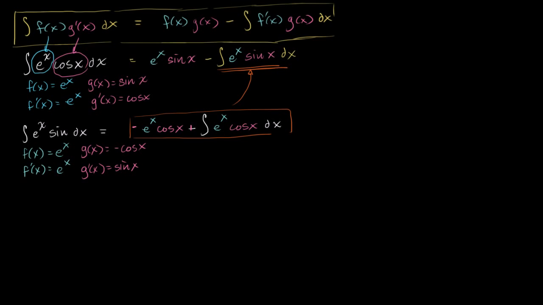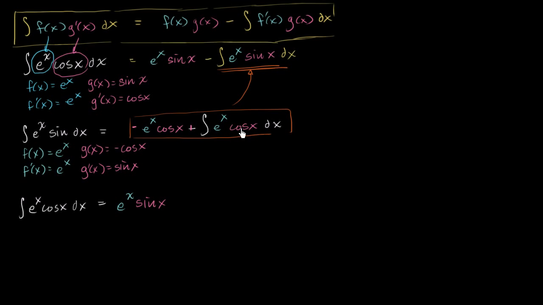So what we'll get is our original integral on the left-hand side, the indefinite integral, or the antiderivative of e to the x cosine of x dx, is equal to e to the x sine of x, minus all of this business.